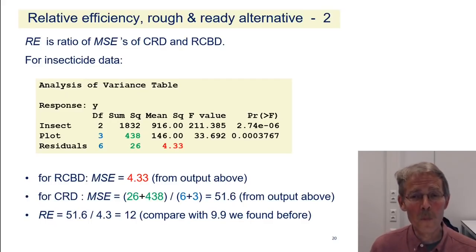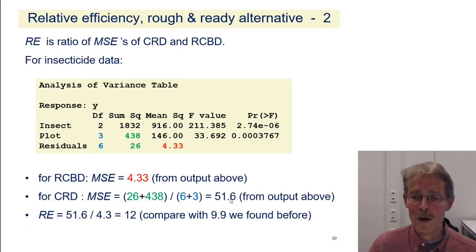So if we go back to a one-way ANOVA, we put it back into the sum of squares of error again. So if you add these two, you get the sum of squares of error without the plots. And if you add these two numbers for degrees of freedom, you get the degrees of freedom of the sum of squares of error without the plots. And if you take the ratio, you have the mean square error mimicking the complete randomized design.